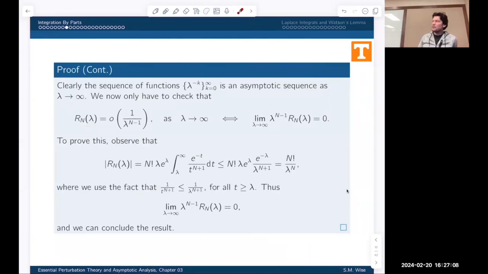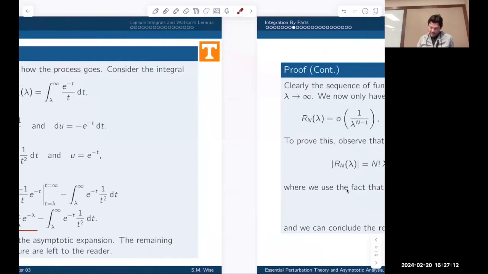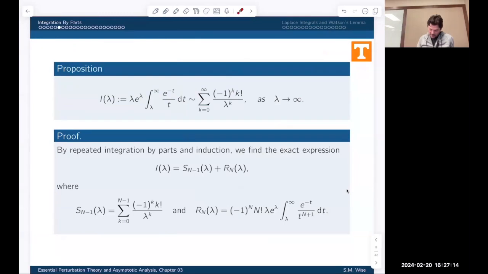Now, have a look at what that remainder term looks like. If I want to show that I have an asymptotic expansion, what I do is I look at the highest order term that appears here. That's going to be lambda to the minus n plus 1.